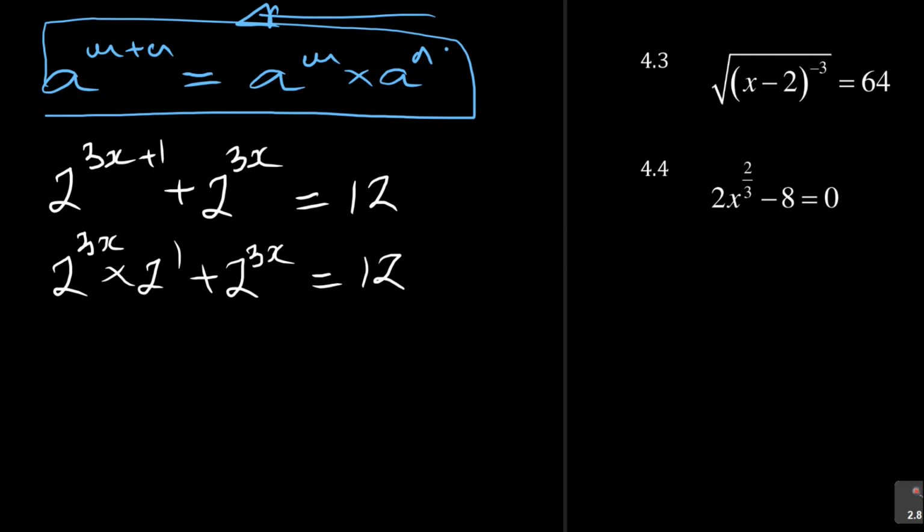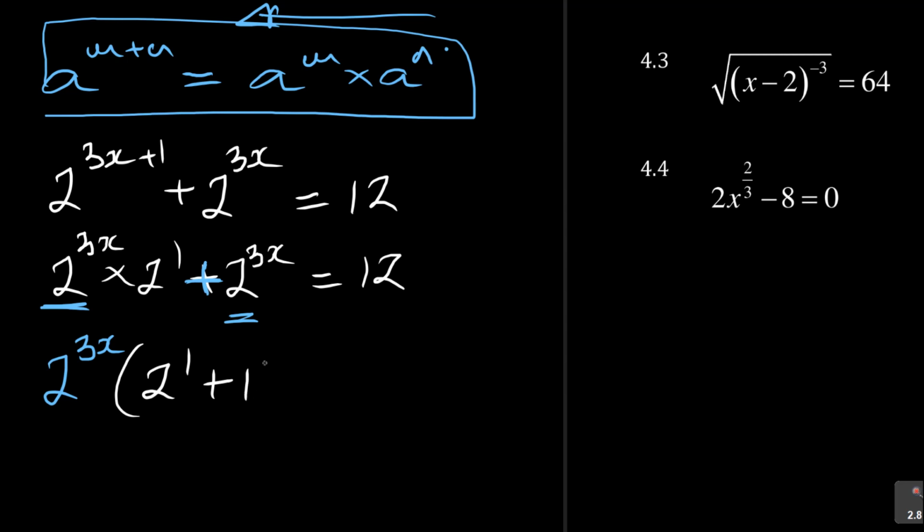Now look at that. There is a plus, so you factorize. What do you factorize? You factorize 2 to the power of 3x. Are you with me? Then you put a bracket. When you do that, 1 remains from the second term. In the first term, 2 to the power 1 remains.